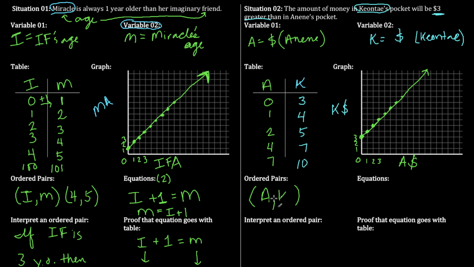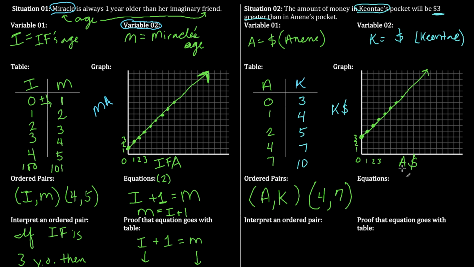Keontae's money would go second, because that's the subject of our problem, really, our situation. And for example, if we put $4 for Nene, Keontae would have $7.